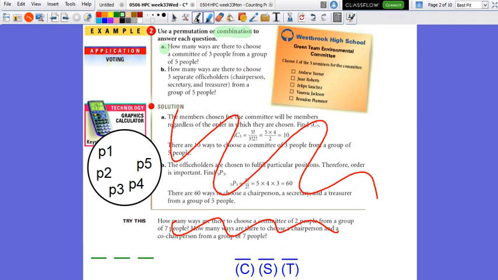In this case, you would start off like this: 5 times 4 times 3, and you divide it by 3 factorial. And then you would get 10.